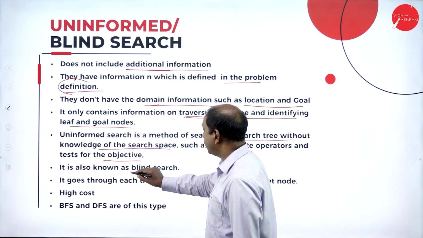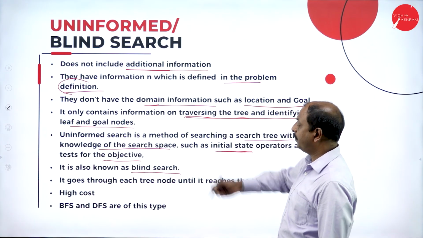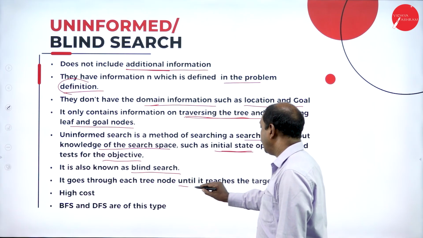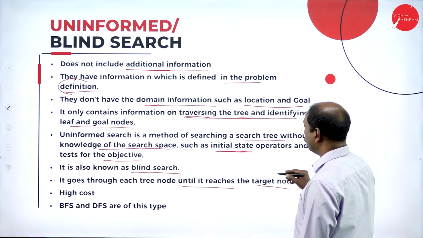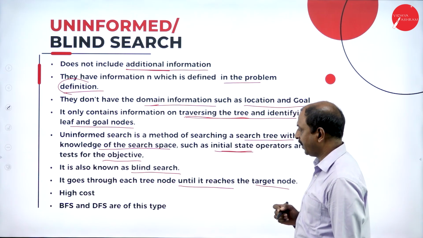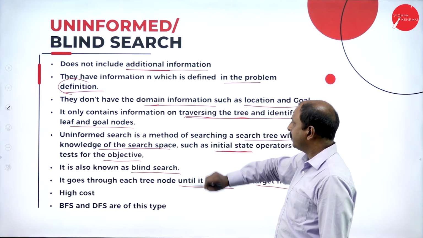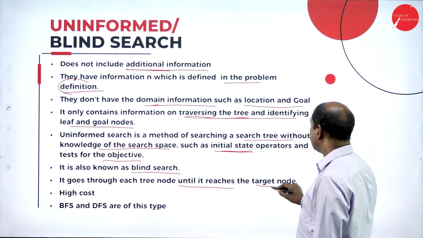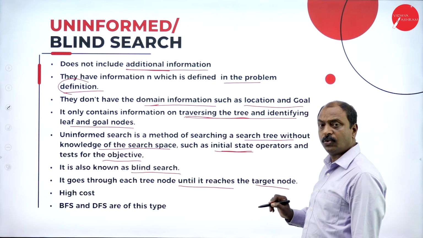It is also known as blind search, and it goes through each node until it reaches the target node. That is nothing but traversing. So in this algorithm, it traverses through the tree until it reaches the target node or goal node.